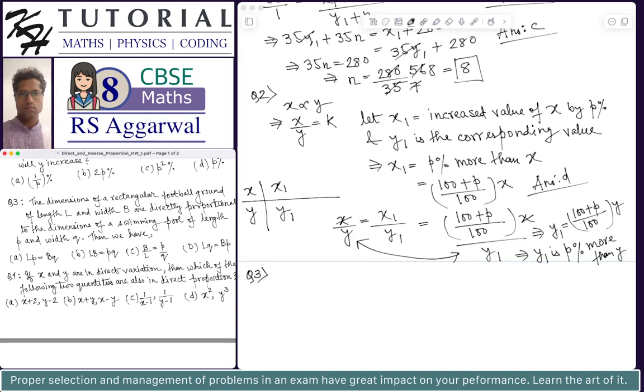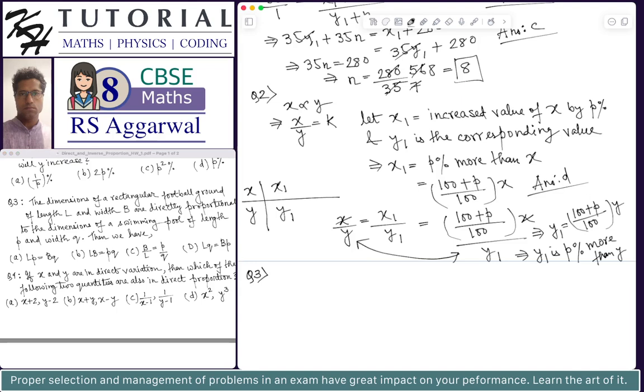Now what are the dimensions of a rectangular football ground? Its length and width. Similarly, the dimensions of a rectangular swimming pool are also the length and width. So basically the dimensions considered over here are length and width.